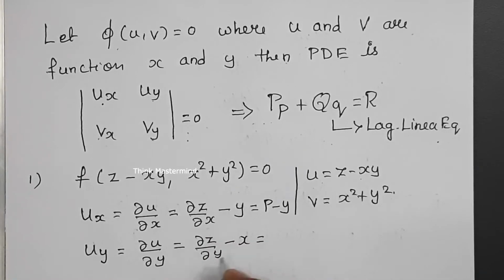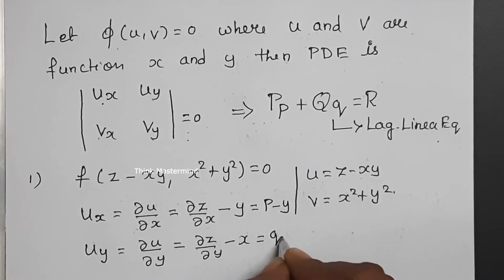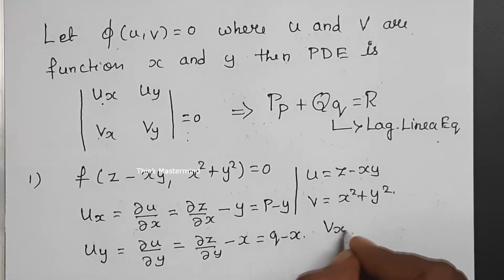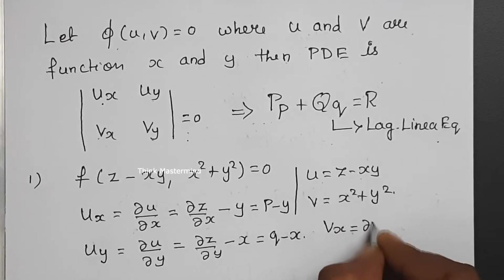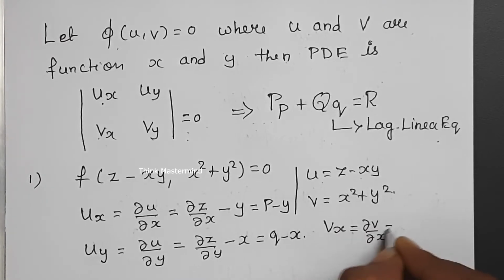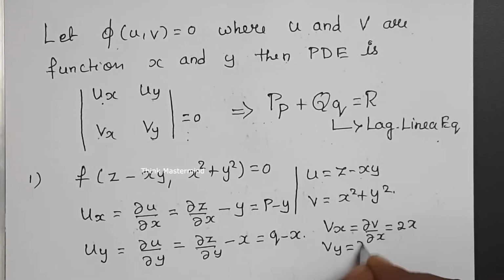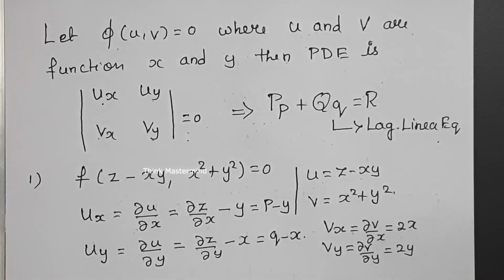Using the notation for dou z by dou y as q, that is q minus x. Next we are going to find vx. Vx is dou v by dou x, that is equal to 2x, and vy is dou v by dou y, that is equal to 2y.